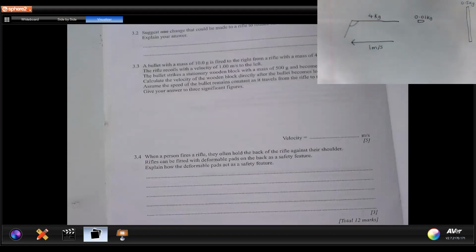Calculate the velocity of the wooden block. So is the wooden block moving? Is it going to move back as the bullet hits it? Yes, it is going to move. It's a situation like the car hitting the trailer, the trolley stuff as well. It's very similar to that.